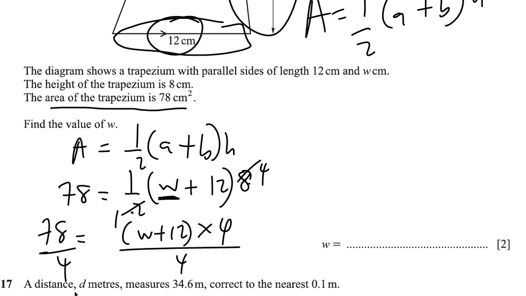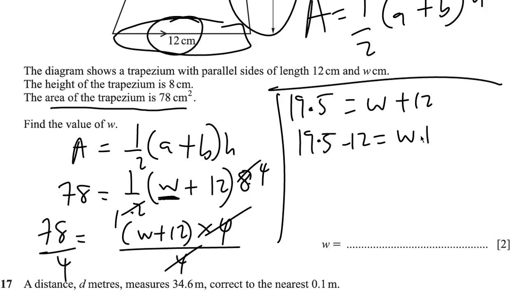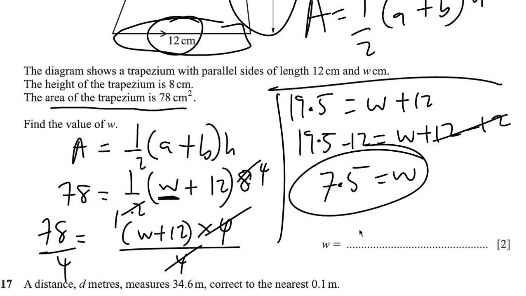Remember, the main goal is W. So 78 divided by 4 is equal to 19.5, which equals W plus 12. So to get a value of W, we subtract 12 both sides. So 19.5 minus 12 is equal to W plus 12 minus 12, and 19.5 minus 12 is 7.5. And that is the value of W, 7.5.